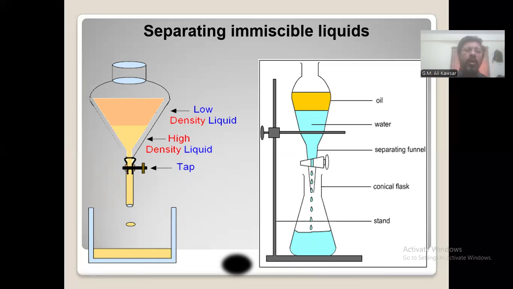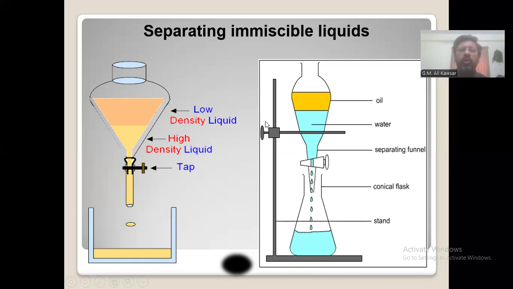A separating funnel has a key in the lower part. If we open the key, then the lower component of the mixture will be separated once we open the key. And whenever all the components of this type of mixture have been separated, then we can close the key again.